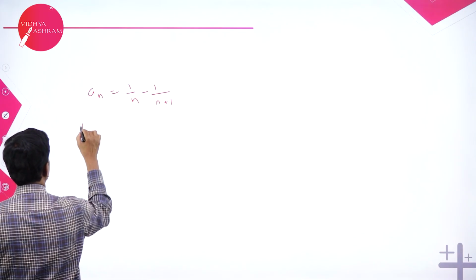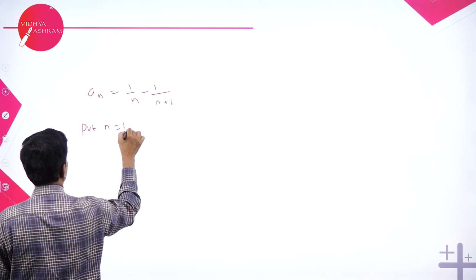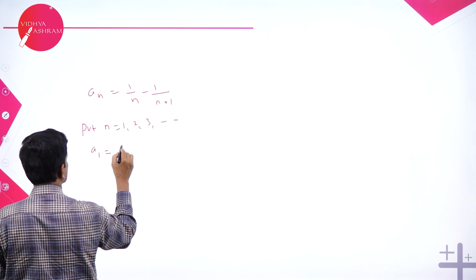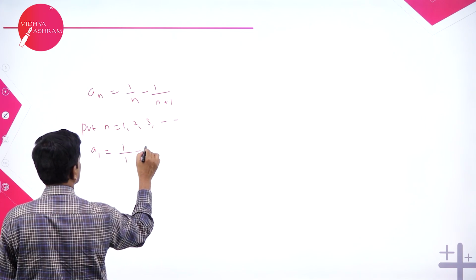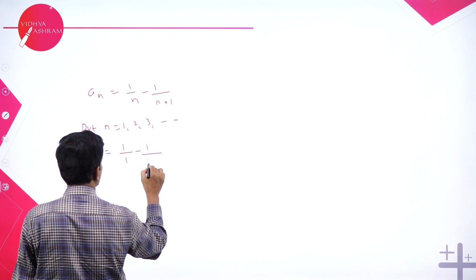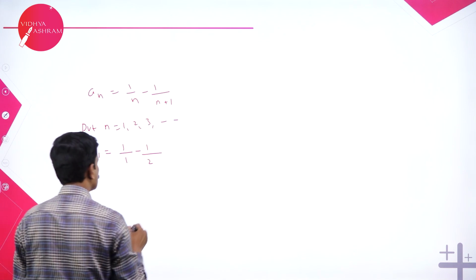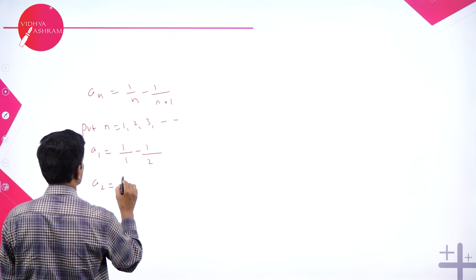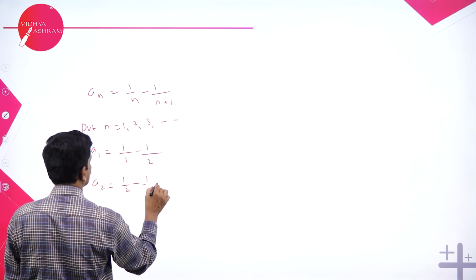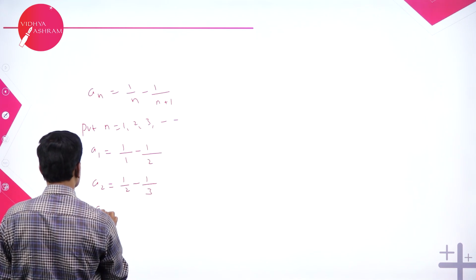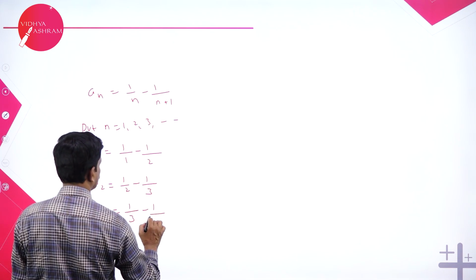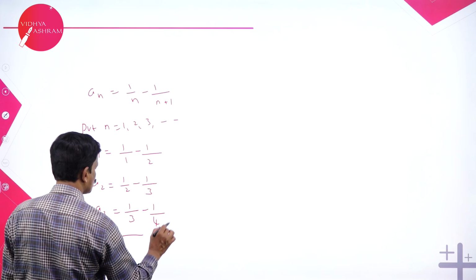Now, substitute the value of n, put n is equal to 1, 2, 3, etc. What you will get? a1 is equal to 1 by 1 minus 1 over 1 plus 1, which is 2. Again put n is equal to 2: a2 is equal to 1 by 2 minus 1 over 2 plus 1, which is 3. Similarly, a3 is equal to 1 by 3 minus 1 over 3 plus 1, which is 4, and so on.